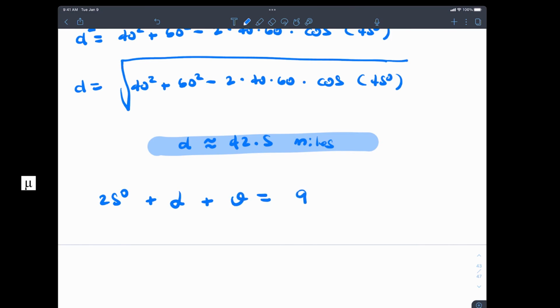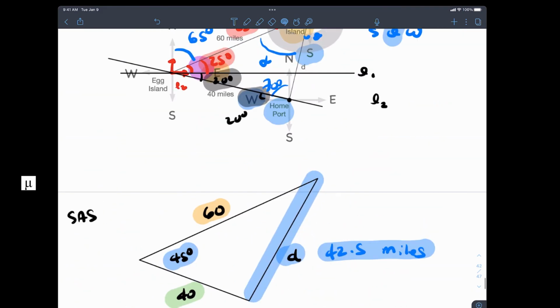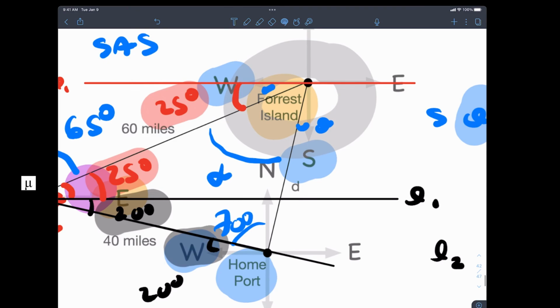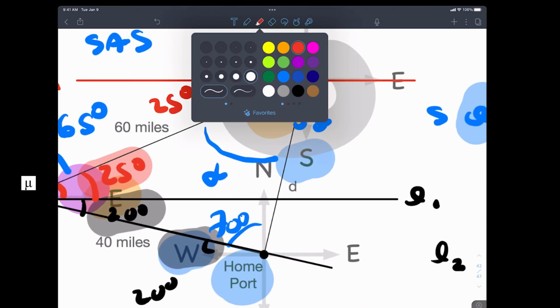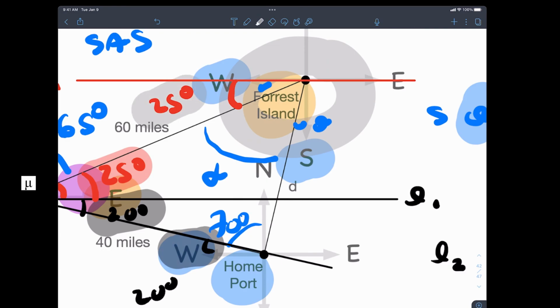That's a 90-degree angle, ladies and gentlemen. So 25 plus alpha plus theta is a right angle, and that's 90 degrees.